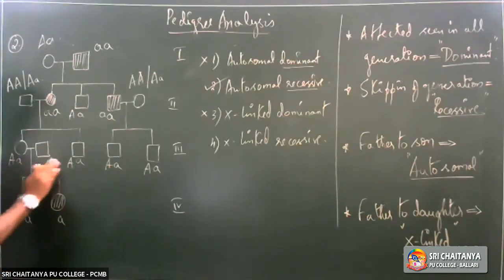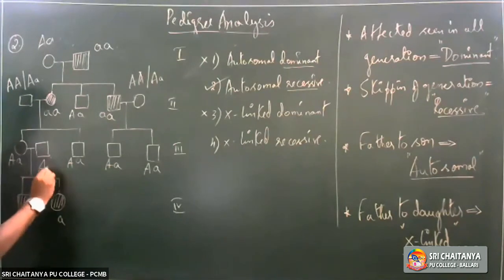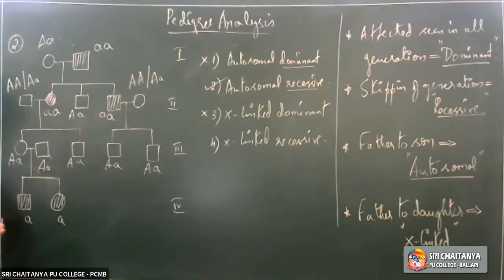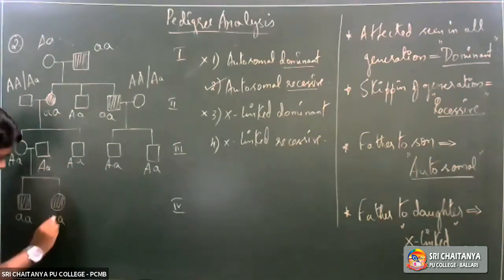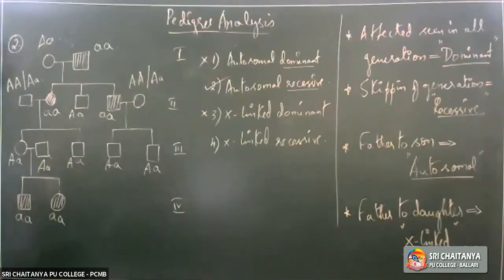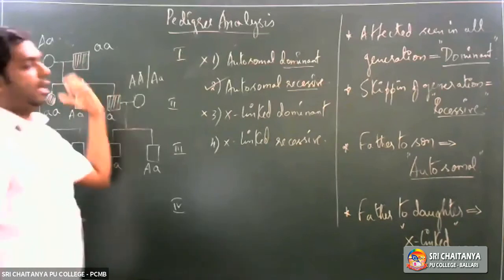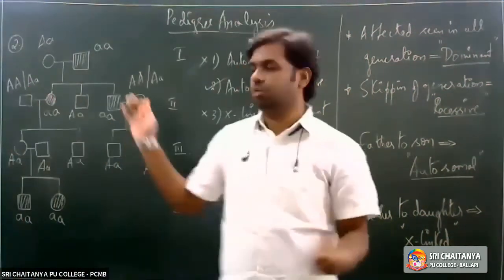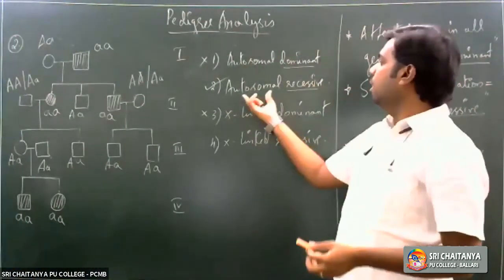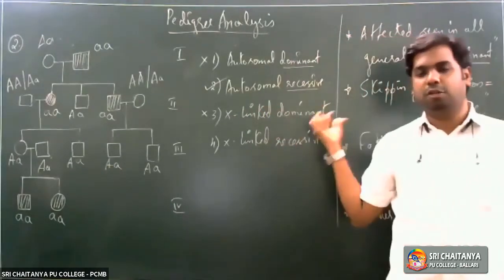So here the father would be heterozygous dominant. Similarly, from the mother also, it would be the recessive allele coming here. Right. So this is what we have with the genotypes of all of the individuals in all of the generations. So the condition here would be autosomal recessive disorder, right?